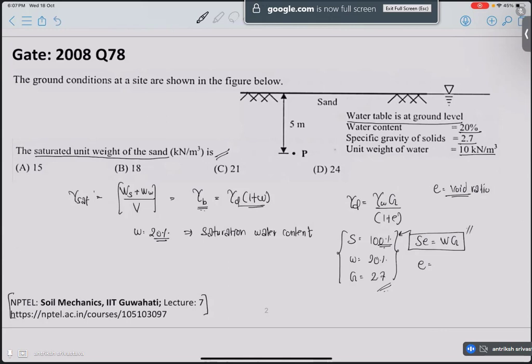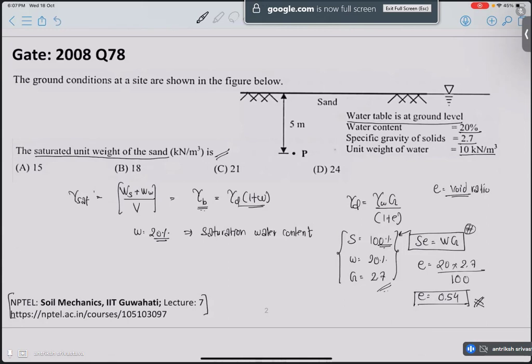The easy way to remember this formula is Sewage or Sehwag, whichever you find comfortable. When we multiply water content with specific gravity, 20% into 2.7, and divide by the saturation, 100%, we get the void ratio as 0.54.